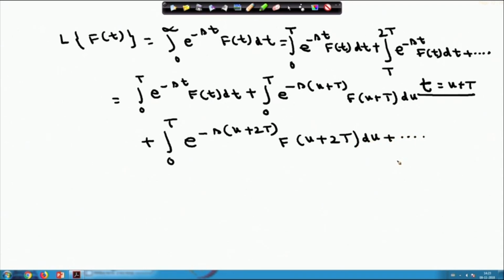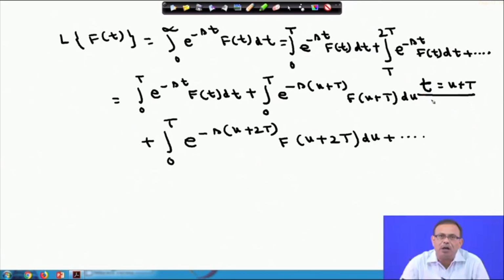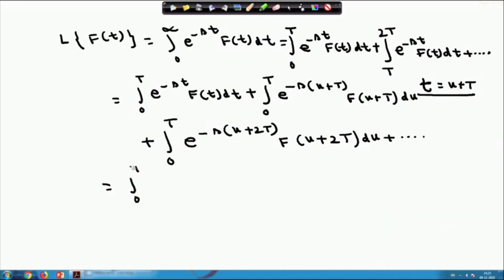So effectively, my integrals were from 0 to T, T to 2T, 2T to 3T, like this. Each of them, using this substitution, I am converting into the interval of 0 to T. So this equals, now you can write down, 0 to T e power minus st into f(t) dt.